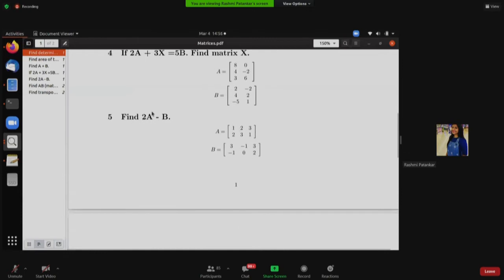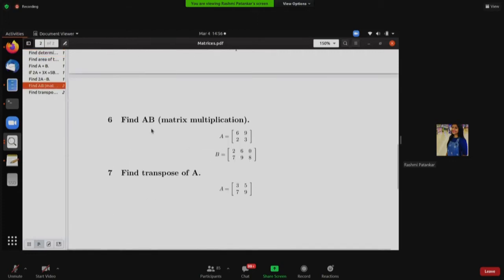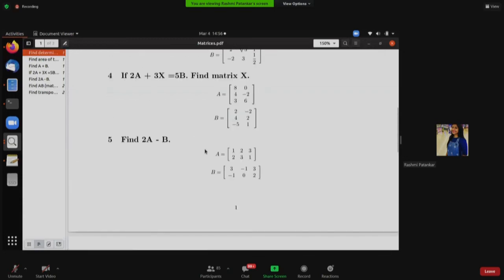Then in this question, you have been asked to subtract the B matrix from twice of A. In this question, you have to calculate the multiplication of A into B. And in this question, you have to calculate the transpose of A. So let us just solve one or two questions from this particular question bank.